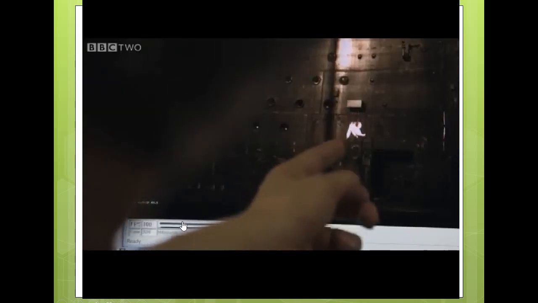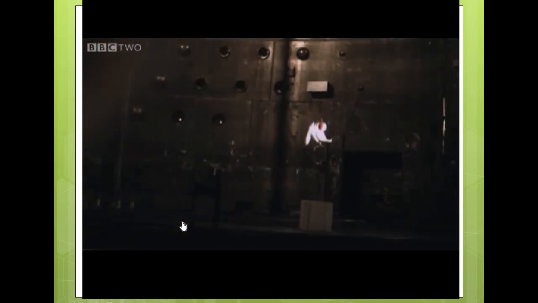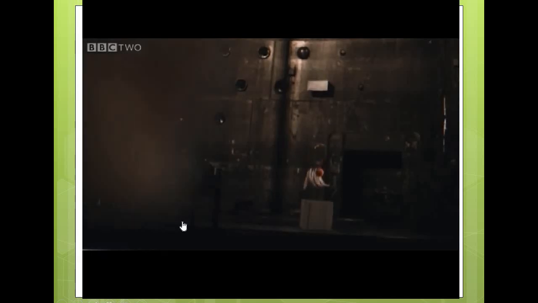Look at that. They came down exactly the same. Wow. Look at how they hit right there. Exactly the same. Feathers don't move, nothing.